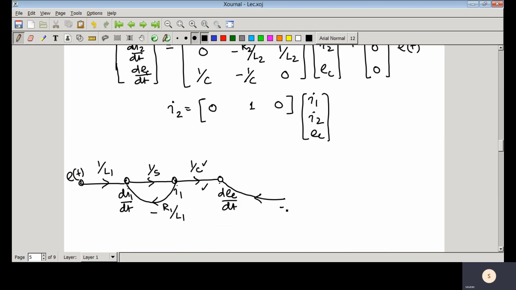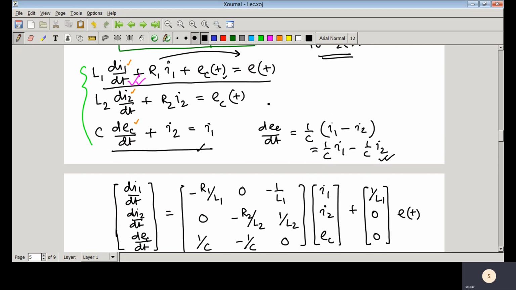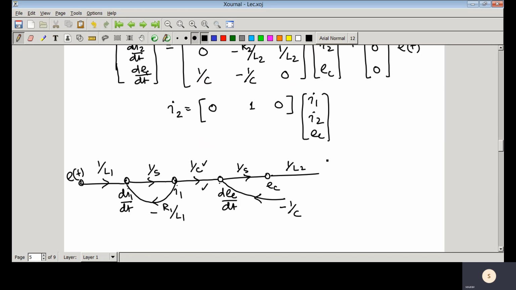So basically here you multiply by 1 by C gain, and if you put one integrator here, you have that EC. And then from the second differential equation, if you divide by 1 by L2, you get dI2 by dt, and here you just put another integrator, then you have that I2.